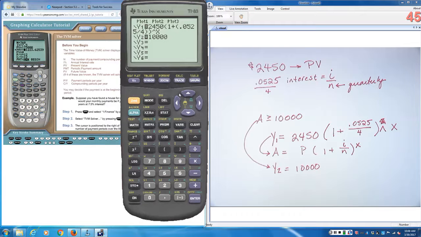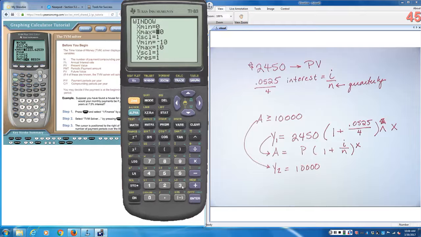Now, since I don't really have any idea how long this is going to take, I'm going to go for a longer rather than a shorter period of time. I'm trying to get to $10,000 and I'm at only $2,400, $2,500 right now, so that's going to take a little while. So I'm going to go to my window. Time never goes negative, so I'm going to start at 0 years.